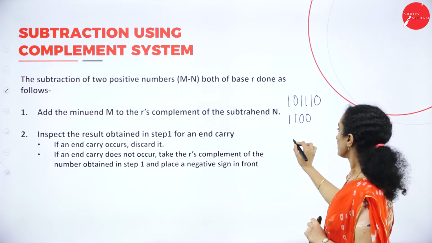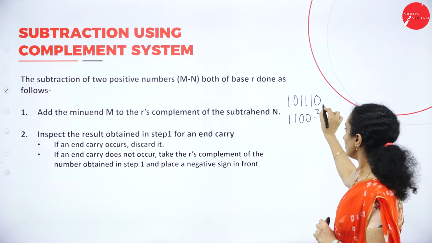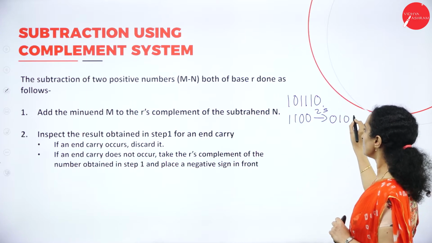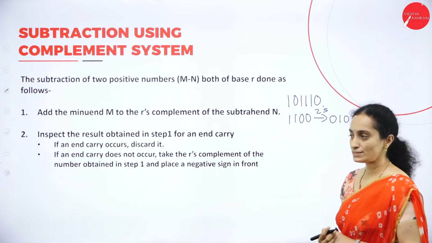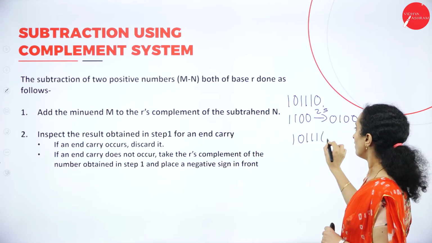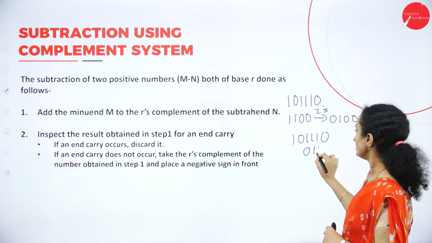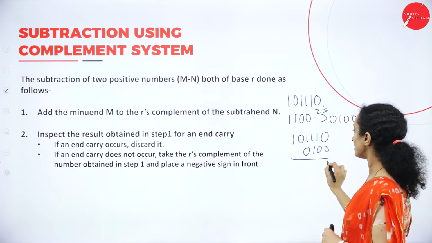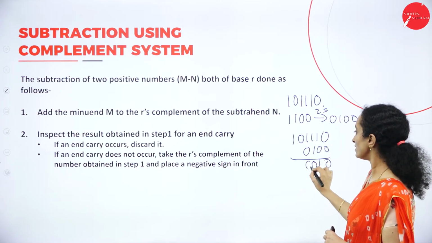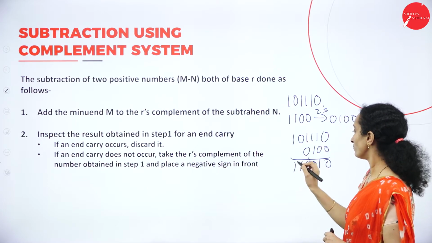The 2's complement will be 0 1 0 0 0 1 0 0. Add this to the value 0 1 0 0. The result will be 0 1 1 1 0 1 1 0 1 1.